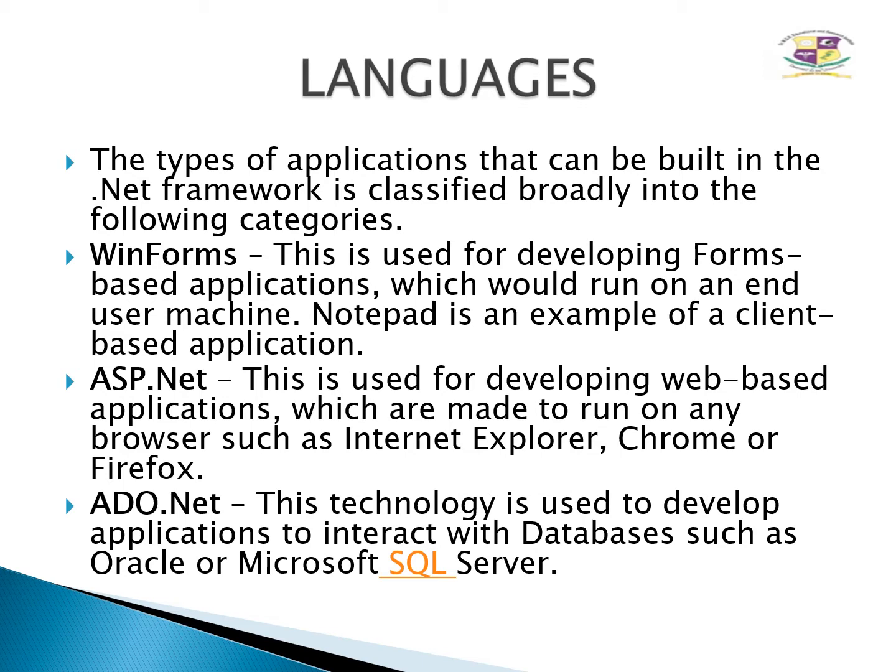An example is Notepad. The next is ASP.NET, which is used for developing web-based applications, which are made to run on any browser such as Internet Explorer, Chrome, or Firefox. The last category is ADO.NET, which is used to develop applications to interact with databases such as Oracle or Microsoft SQL Server.